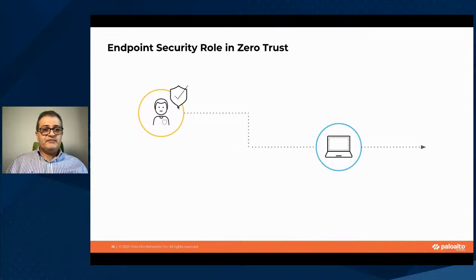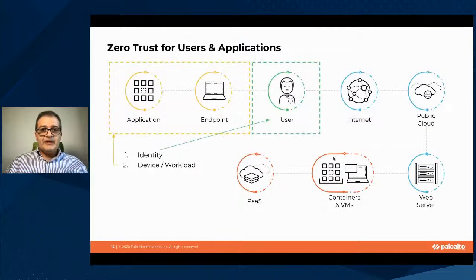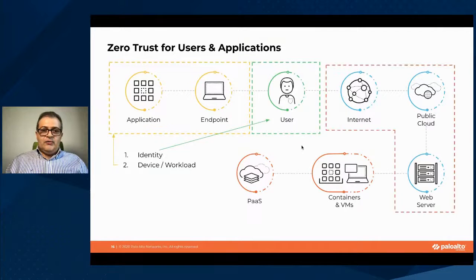Well, true, if the user is accessing his device and we authenticate him and validate him, that is enough, but not quite. Because if this device has been already infected by some kind of a malware, then this transaction might be happening in the background without us noticing. So we need to verify the integrity of the device.